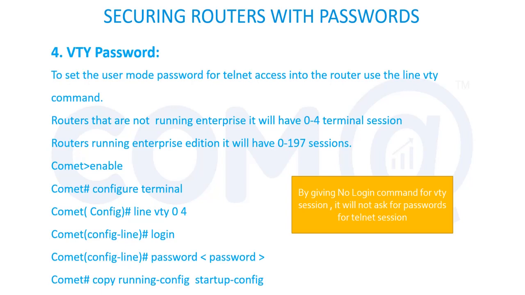The same way we can use line VTY. It will have a maximum of 15 sessions based on the router. You can find out by typing line VTY and a question mark. You will get the number of sessions, but normally we limit the remote sessions for security purposes. So we have to provide login here, then the password.